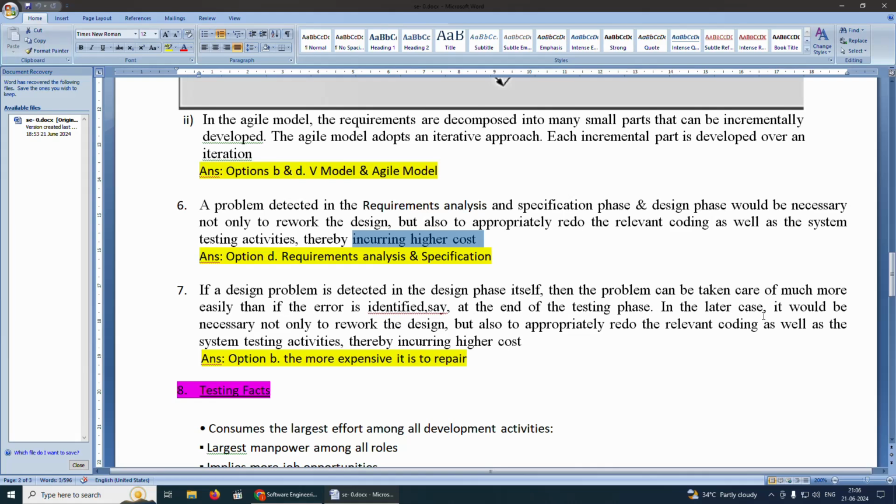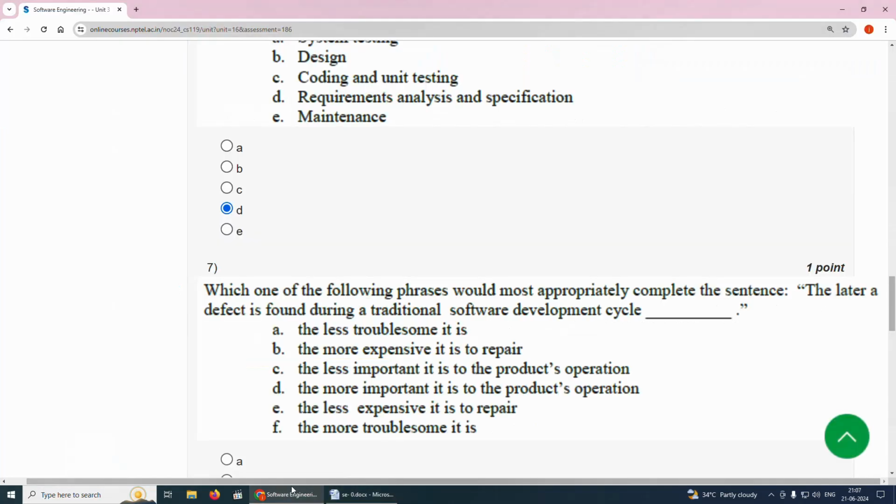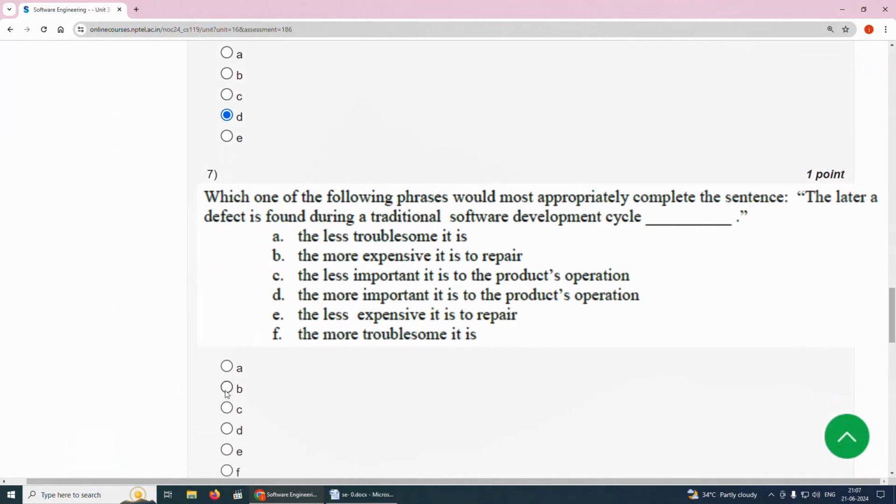In the latter case, it would be necessary not only to rework the design but also to appropriately redo the relevant coding as well as the system testing activities, thereby incurring higher cost. So the answer is option B, the more expensive it is to repair.